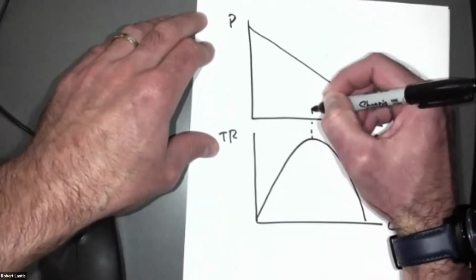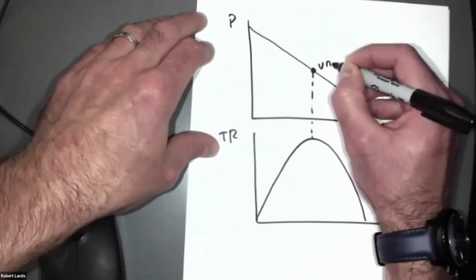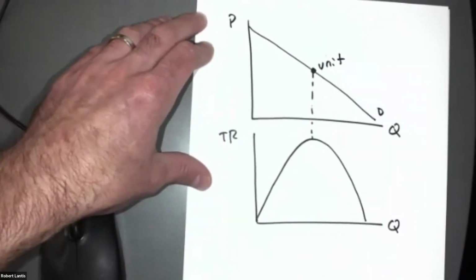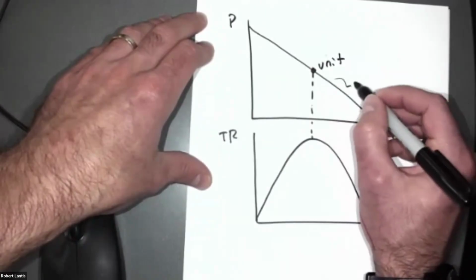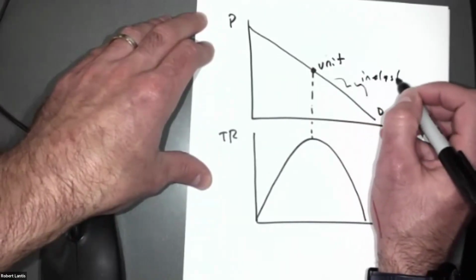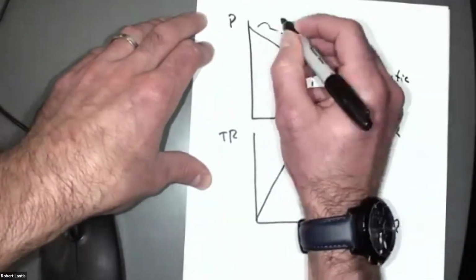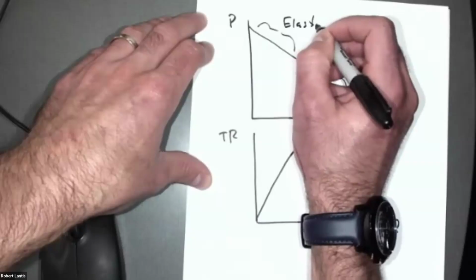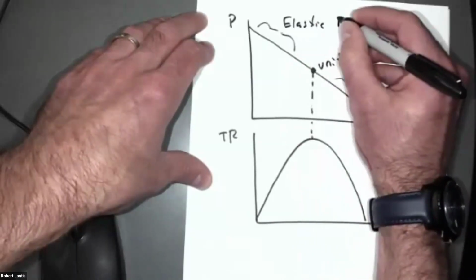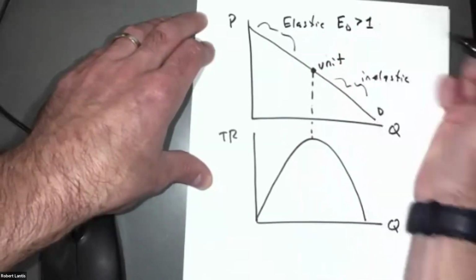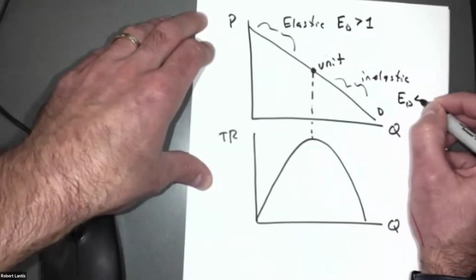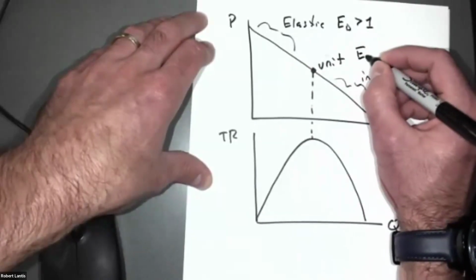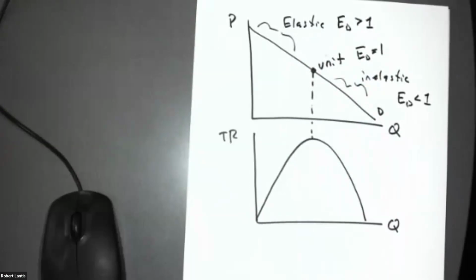We said we know total revenue is maximized where we've got unit elastic demand. The lower portion of our demand curve is where demand is inelastic. Upper portion is where it's elastic. What would this imply? An elasticity of demand greater than 1, and down here an elasticity of demand less than 1, and at the unit point equal to 1. Okay.